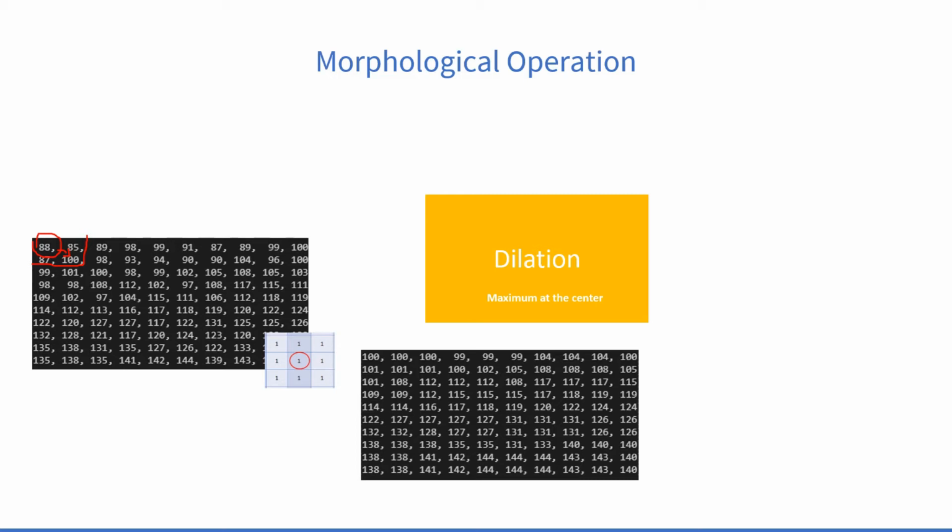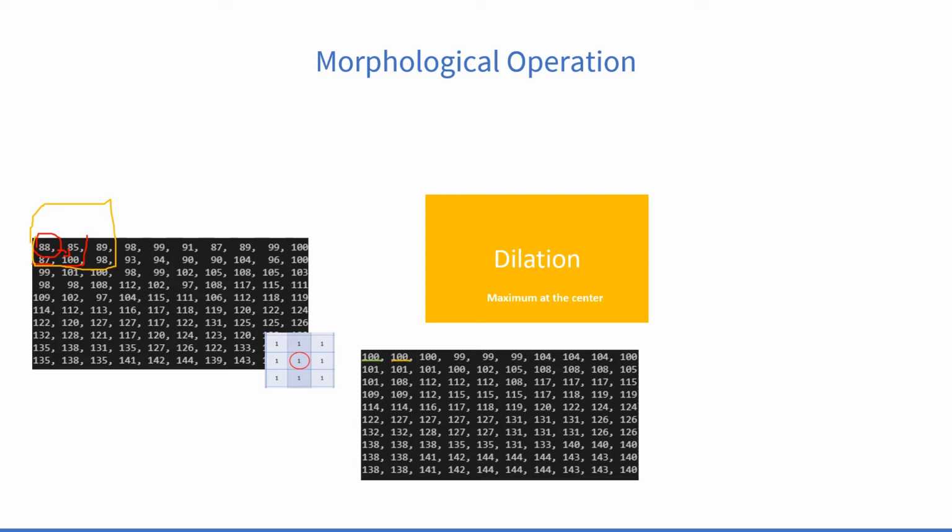Then I check the next set of kernels. Here there are no numbers, so just leave it. In the next one also we find that in the whole neighborhood 100 is maximum, so I'm giving 100. In this way we'll fill every pixel here.